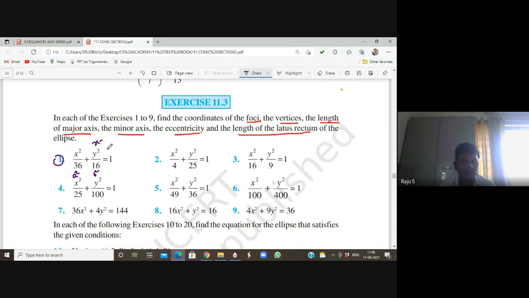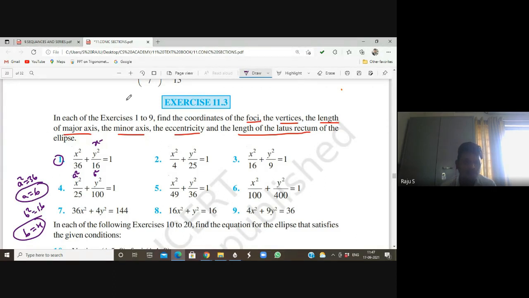What is a square value? 36. What is a value? 6. Now b square is equal to 16, comparing with y square by b square. What is b value? 4. A value is 6, b value is 4.